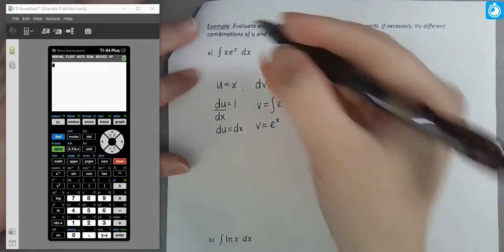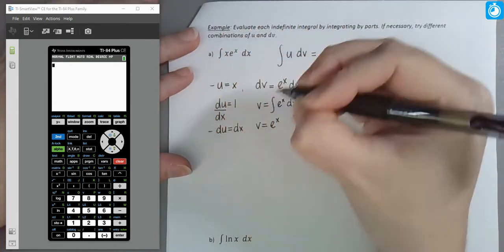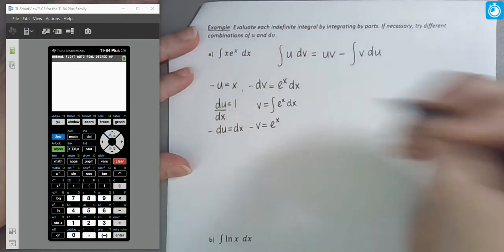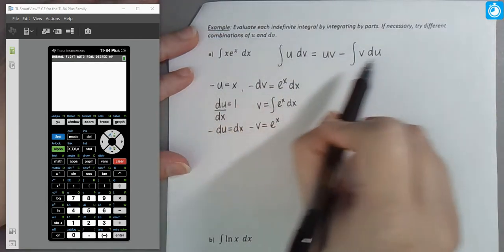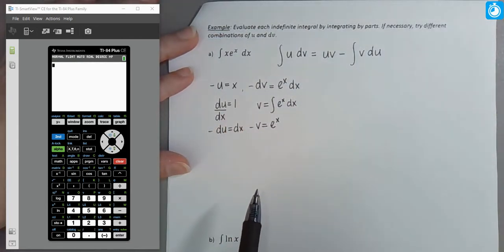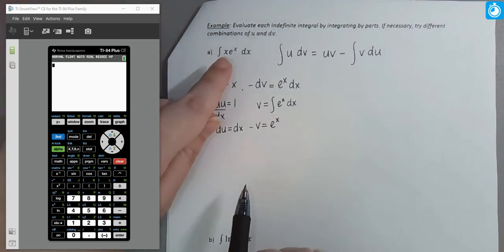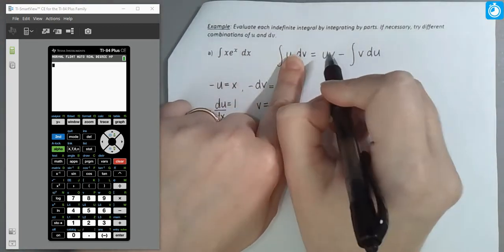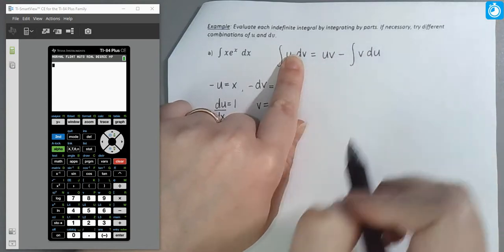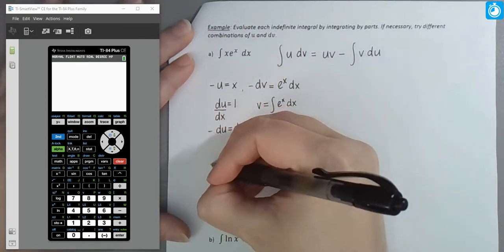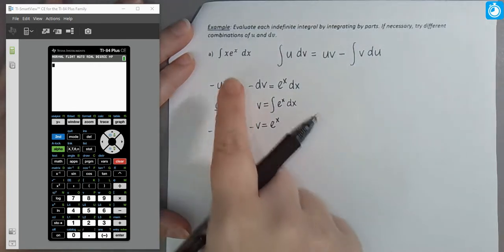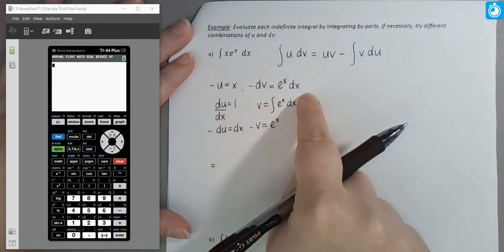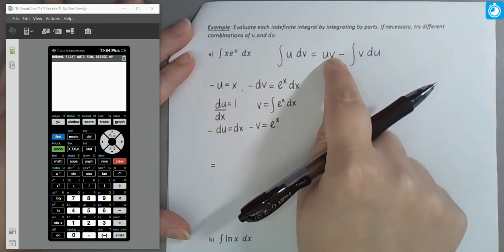Once we have our u, we have our du, we have dv, we have v, we have everything we need to use the integration by parts formula. So this is our integral of u dv, this is what we're trying to find, and now we're writing it in terms of the formula on the other side. Based on this choice of u and dv, it's going to be u times v.